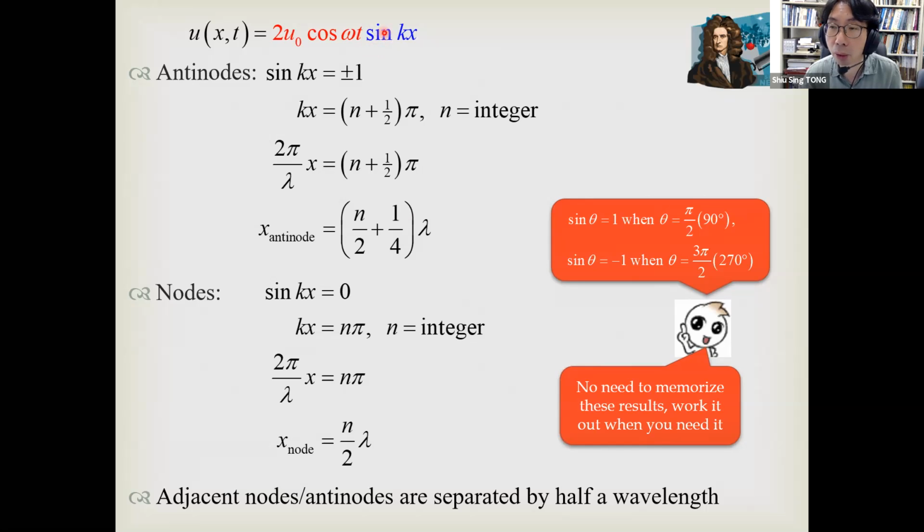You may have a cosine function here for other problems. So this method is general, but don't memorize the result. You have to do it when you need it. When you are told in the exam or in your homework to find the position of the nodes and antinodes, you always set this factor to +1, -1, or 0. You don't need to memorize this result.